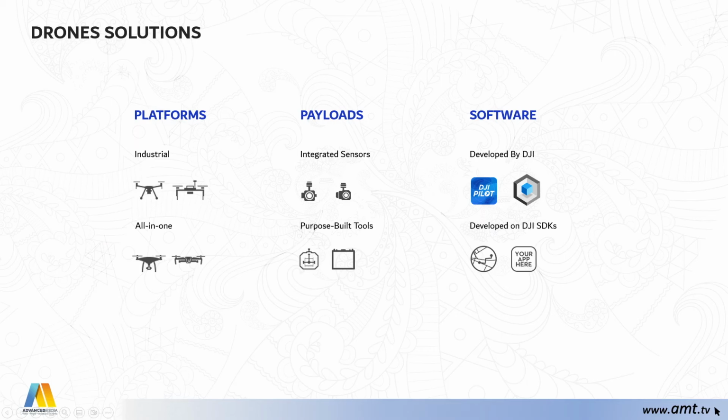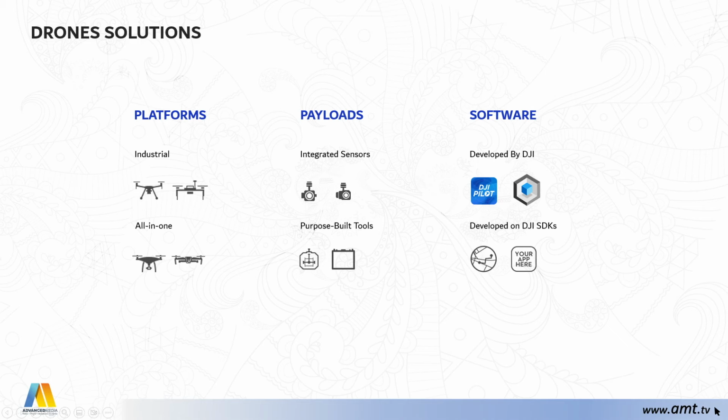For any drone solution, we have three main things to have. We will need the platform, which is the drone body. We will need the payload, which is the camera or the sensor, that sometimes is built in with the drone, like this drone, the Mavic 3, or sometimes we have to mount it by hand to the drone, like the Matrice 300 series.